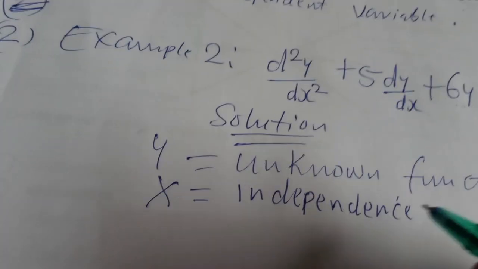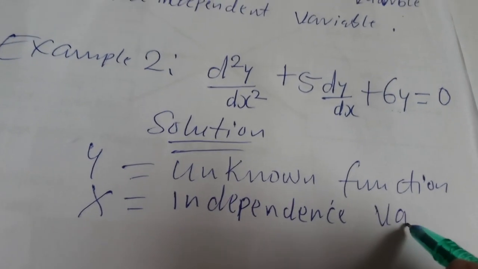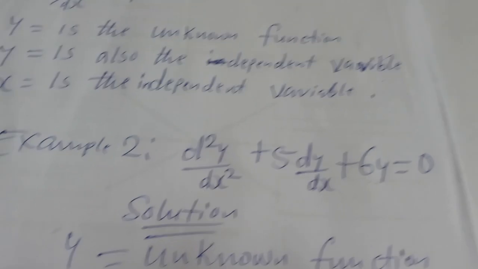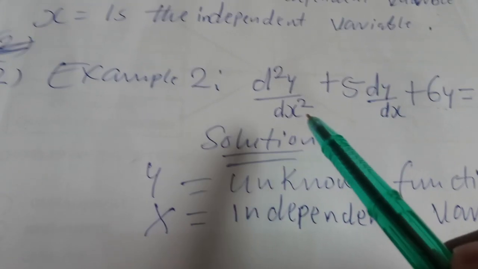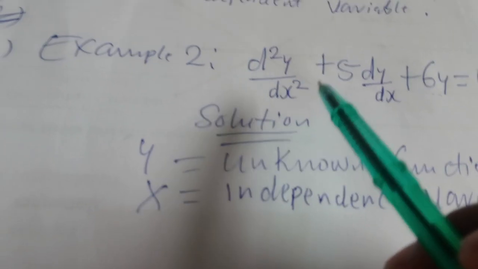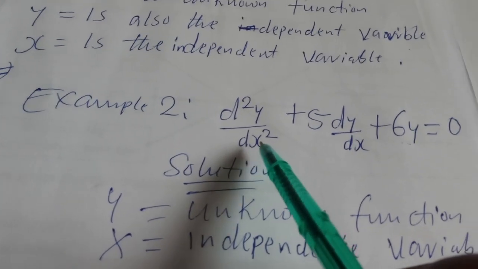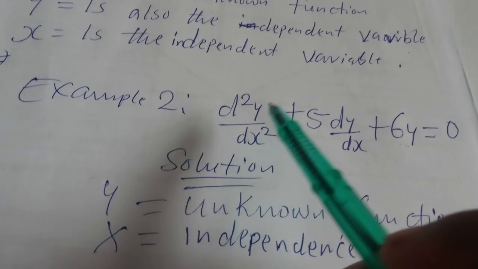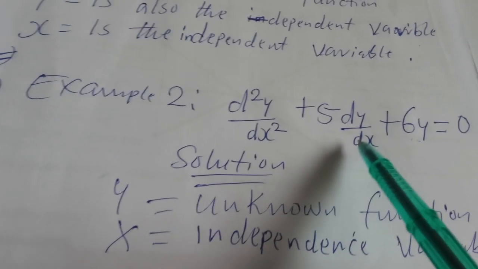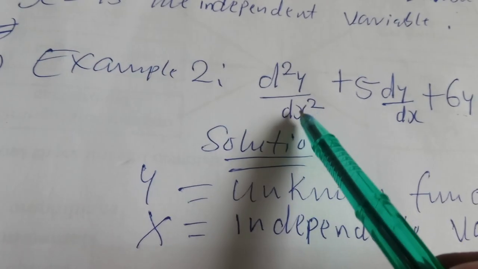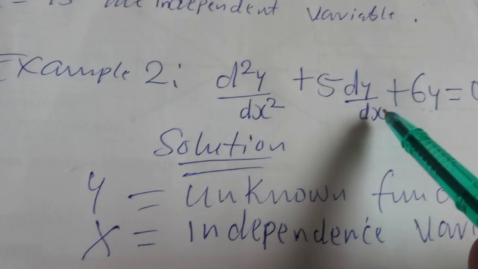Why do I say that x is an independent variable? Because the function is with respect to x. We see x here. All the function deals with only one term, which is x. In this case, we have x squared here and we have t here.